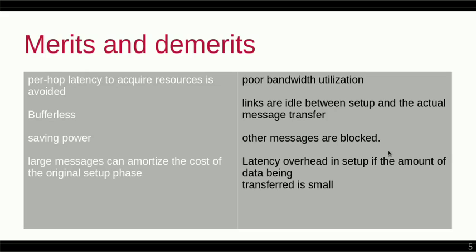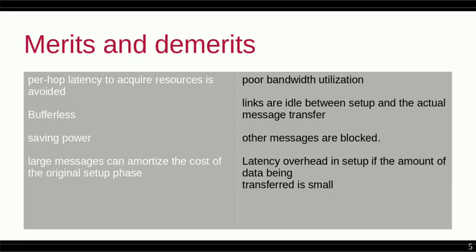Now we have some merits and demerits associated with circuit switching. First, after the setup phase, per hop latency to acquire resources is avoided. If we have large messages, this latency reduction can amortize the cost of the original setup phase.